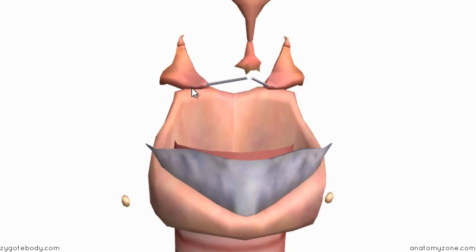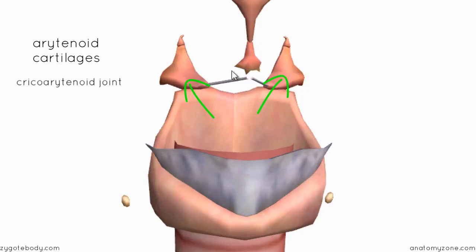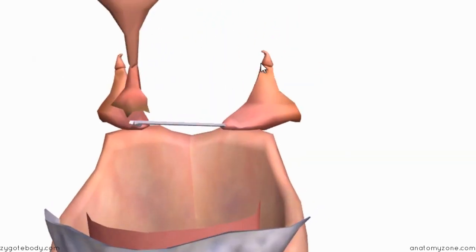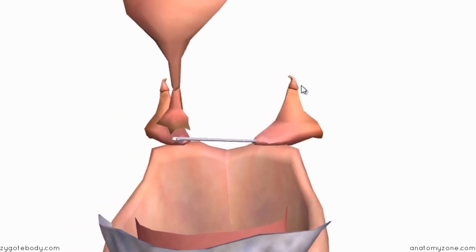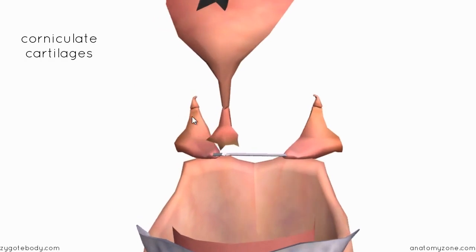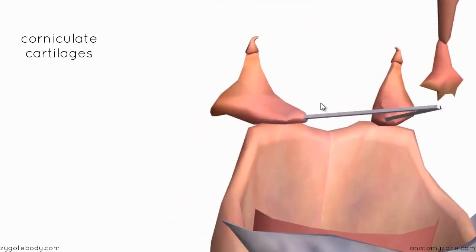And now we've got the paired cartilages. So you've got the arytenoid cartilages sitting on top of the cricoid. And on top of the arytenoid cartilages, you can see these horn-shaped cartilages. So these are called the corniculate cartilage. They get the name from the Latin cornu, which means horn, and you can see they're like these horn shapes.